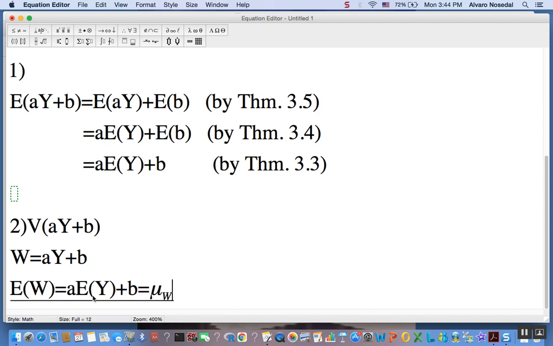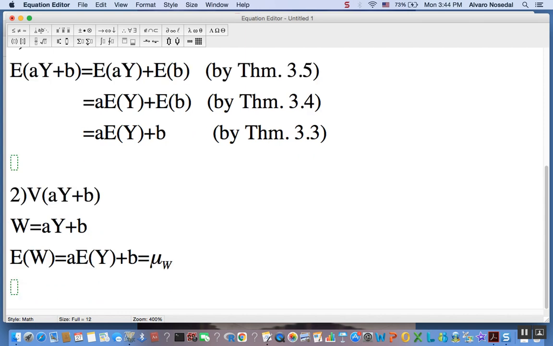Okay. Now, here we go. So, finding the variance of a times y plus b is the same as finding the variance of w, right?